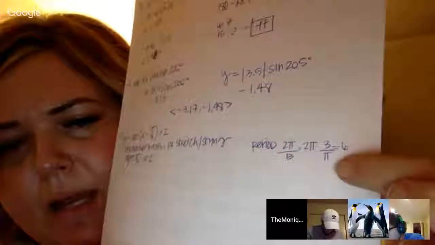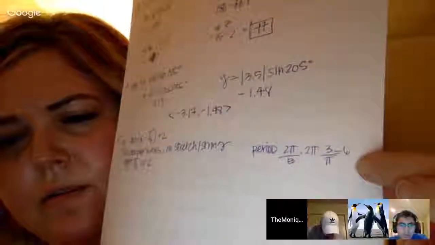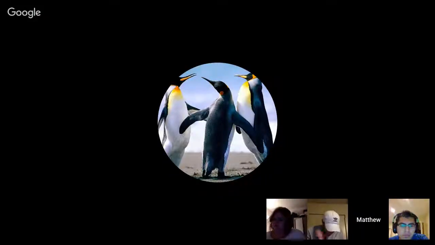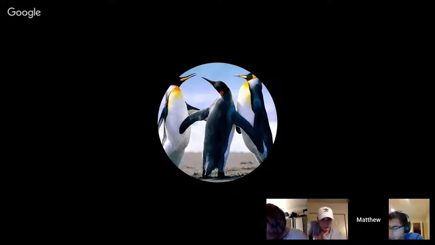So it'd be 3 over pi, and then the pi's cancel out, and it's 6. So 2 pi divided by pi over 3 is the same as 2 pi times 3 over pi. So it says our period is pi.